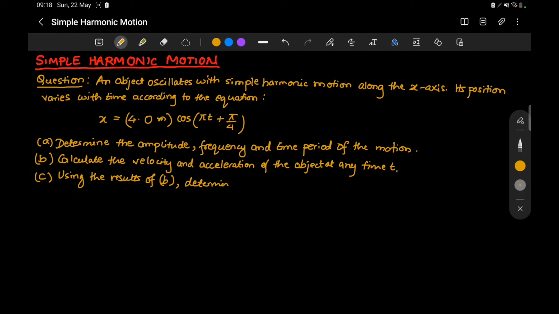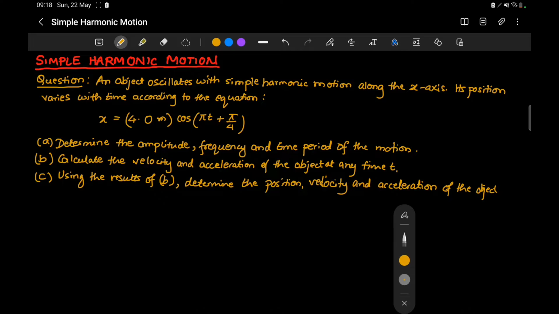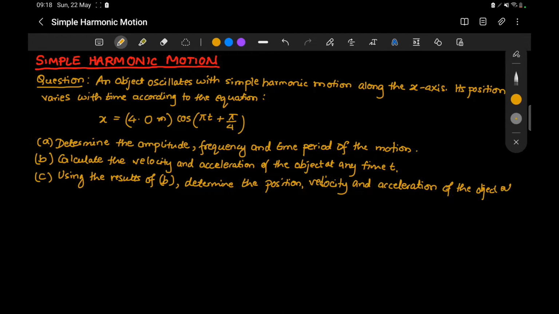Using the results of the second part, determine the position, velocity, and acceleration of the object at time t equal to 1 second.